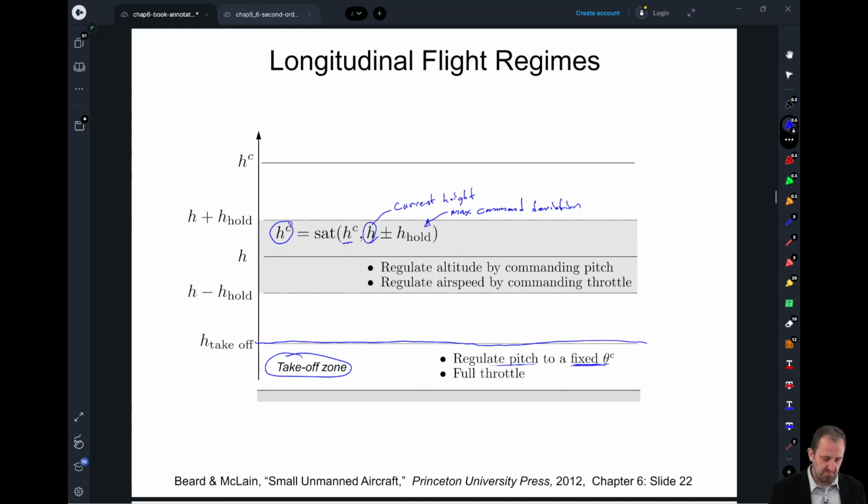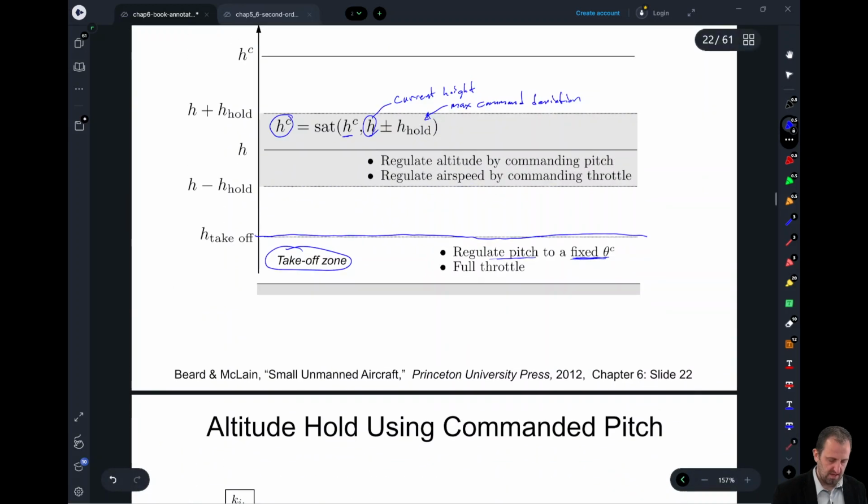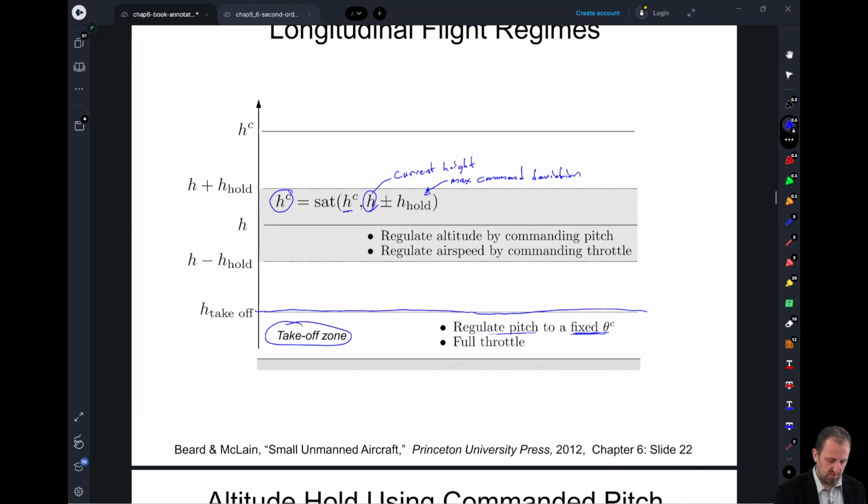So we'll regulate our height command, and once we're operating around our nominal height, we just give our height command to the aircraft as it comes. Really, the only switch is at this height takeoff. When we're first taking off, we're going to be at a fixed pitch.